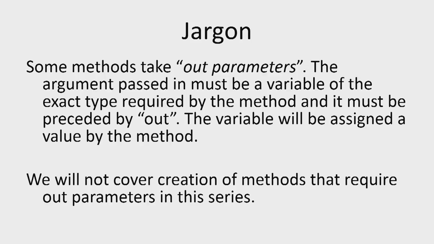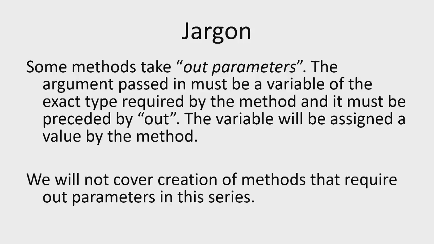Some methods take these out parameters, and the argument that you pass in, the thing that you have to put inside the list of expressions, must be an expression which is a variable, and it has to be of the exact type that is expected by the method, right? And it must be preceded by the word out, which is a big red waving flag that says this variable is about to be mutated by this method, right?